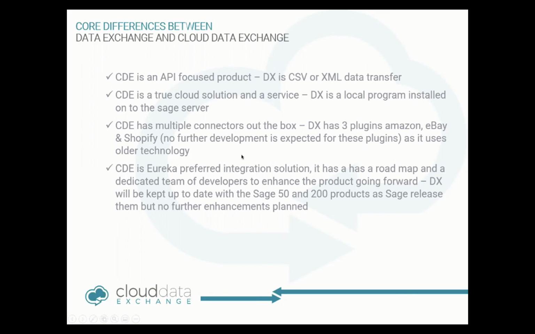It doesn't matter how many connectors the client has. We could have a customer with one Sage 200 company and 20 websites. They might have Amazon UK, Amazon Japan, Amazon Europe, Amazon America. They might have all these various sites, and they all come in independently of each other.